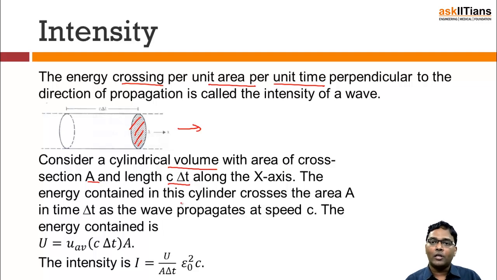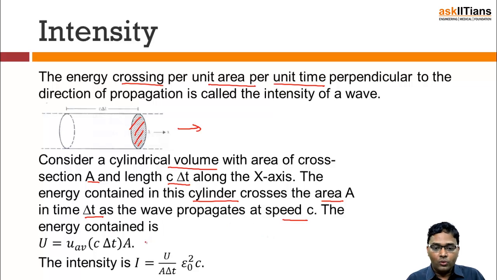Why c delta t? Because it is going to cover a path with the velocity of light, right? So c into delta t is going to be the length of the path covered. Area of cross section into the length of the path covered gives me the volume. So the energy contained in this cylinder crosses the area A in time delta t with speed c.